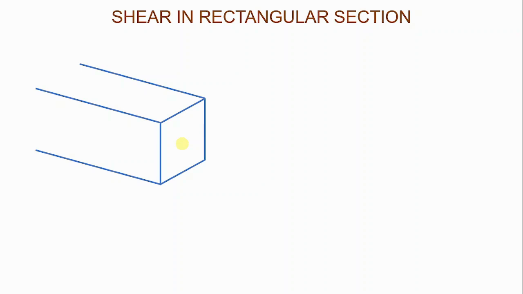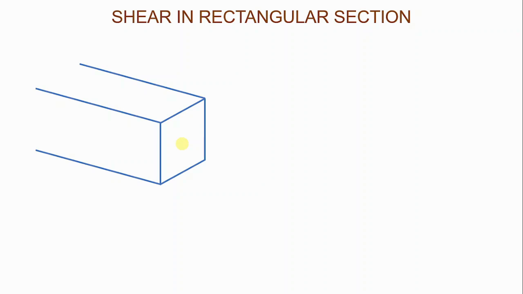It can be changing, okay? At some places it's positive, at some places it's negative, at some places it's got a higher magnitude than at other places. So if you want to find the shear stress at a certain location of the beam, you will first need to find the shear force at that location, and use the method I'm going to show you to determine the shear stress at that specific location.